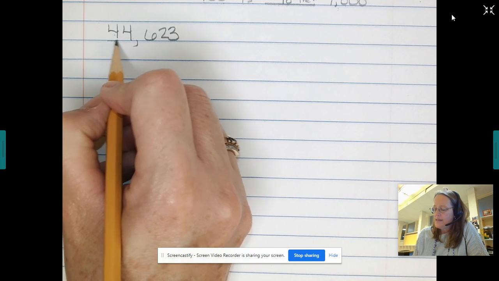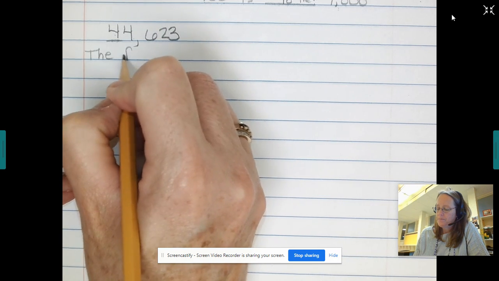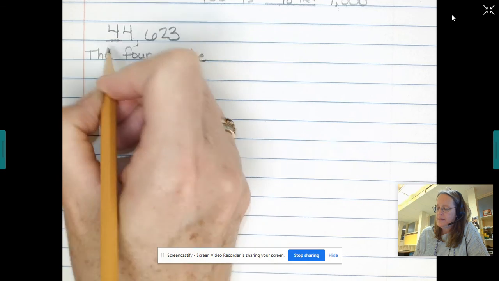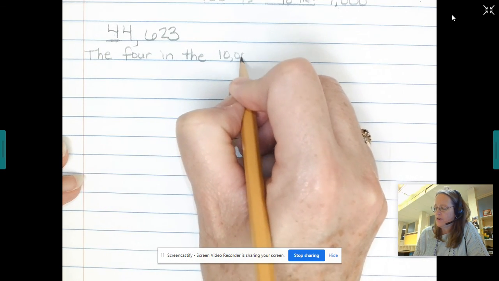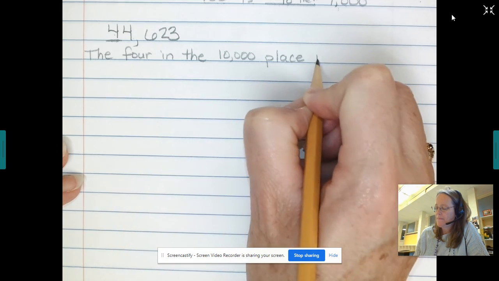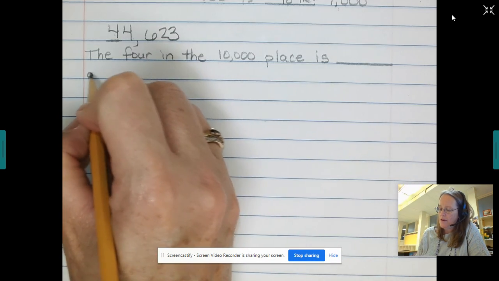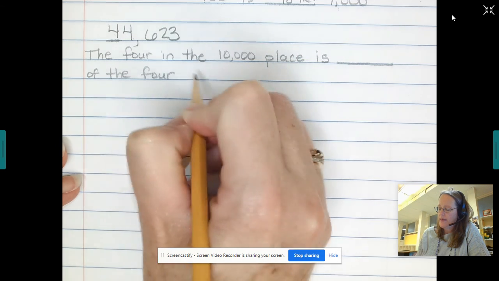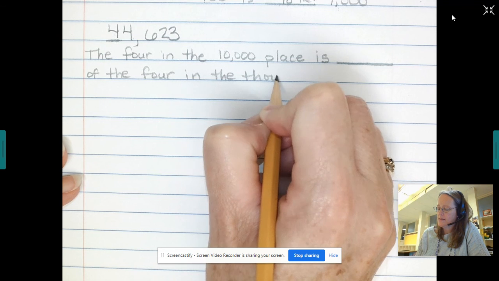So let's say the 4 in the 10,000s place, and I'm just going to abbreviate here, in the 10,000s place is what the value of the 4 in the thousands place.